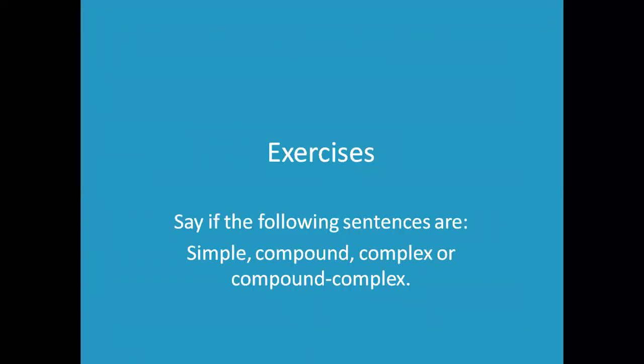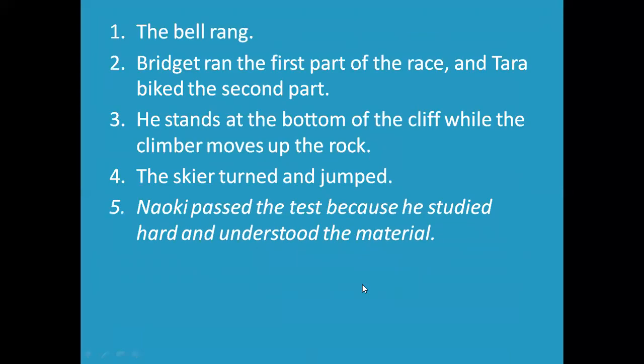Well, let's see exercises. In the exercises, you should say if the following sentences are simple, compound, complex, or compound complex. The bell rang. What do you think? Which type of sentence does this belong to?